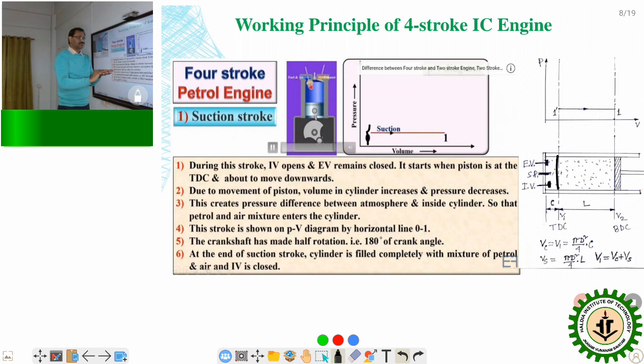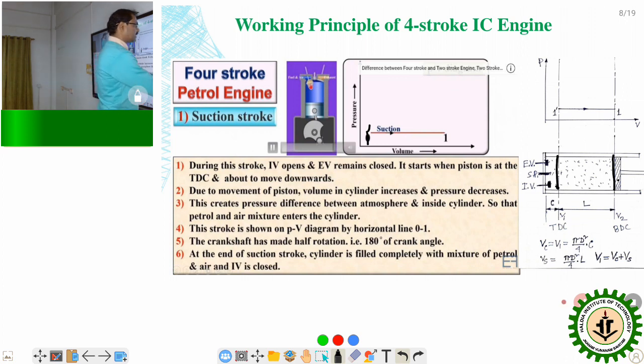The top position is called the top dead center, and the bottom position is called the bottom dead center. The piston will move up to that limit and then move back. So this is called bottom dead center and this is called top dead center.